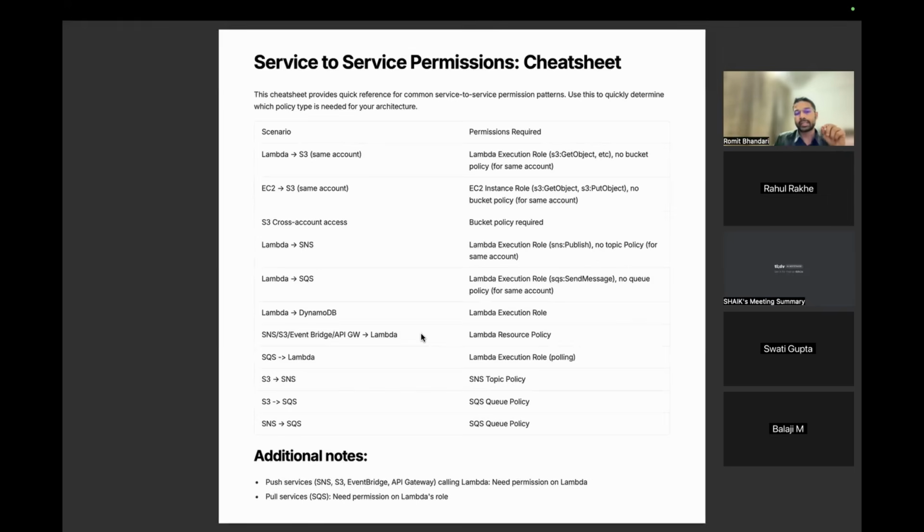Coming to SQS trying to access Lambda, here it's an exception. That's why I have put it here. Here you don't require an identity based policy on SQS, because SQS works a little differently. SQS is a queuing mechanism.